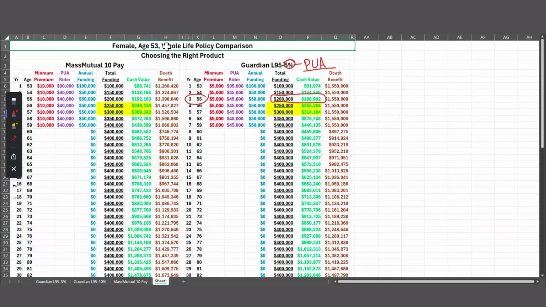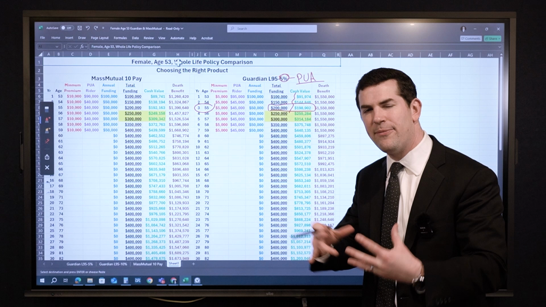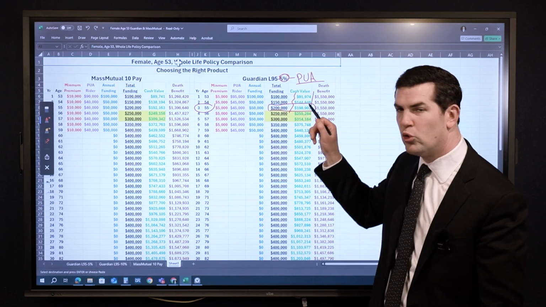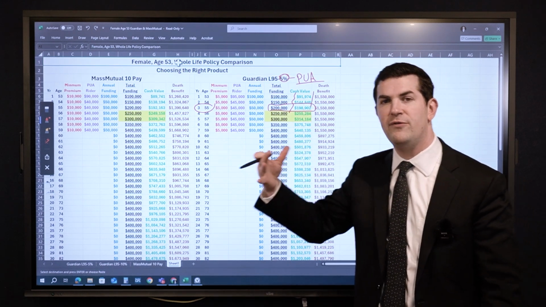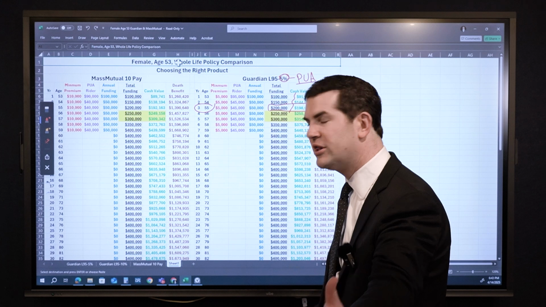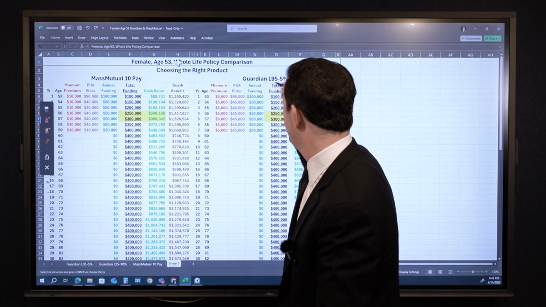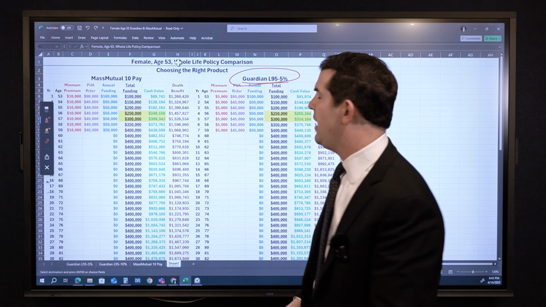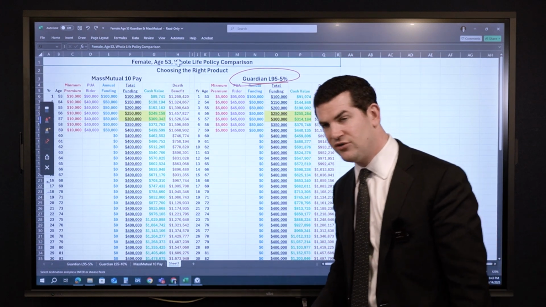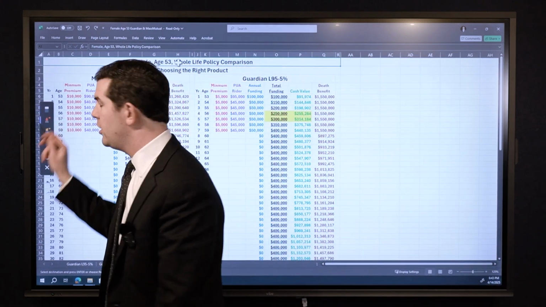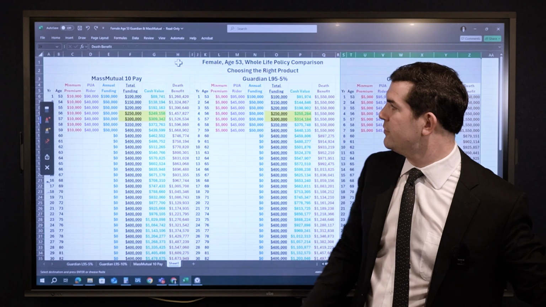A lot of business owners, a lot of real estate investors like this product for that reason, where they just minimize the upfront hit on their personal or business balance sheet, and they also view it as an opportunity cost. They can put that money to work sooner, and they like the idea of flowing it through a policy.